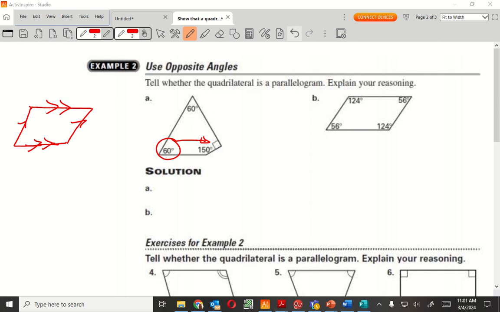It's in the name, parallel. So it's almost like someone's playing on their phone, got to play video games or something while I'm trying to teach, right? So this doesn't even look like a parallelogram, so therefore this one is not going to be. So no, I would say no, opposite angles are not congruent.